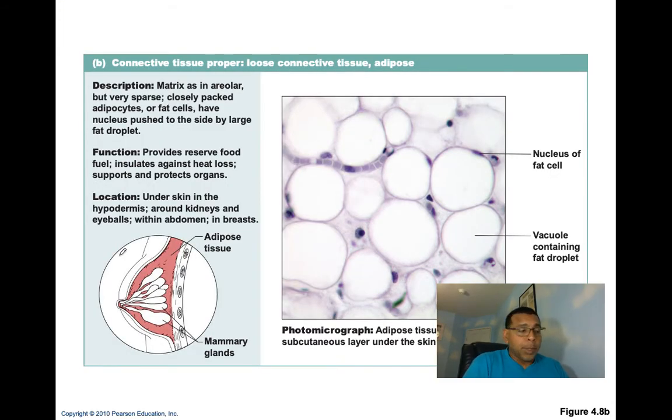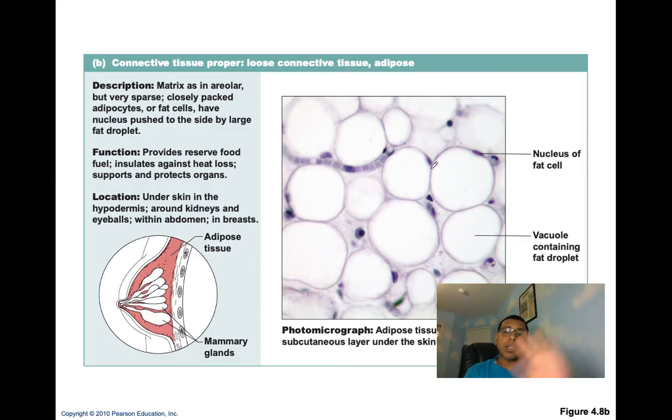Adipose. Now, when we talk adipose tissue, first, let's talk description. The matrix here is similar to areolar. However, it's much more sparse. These cells are going to be closely packed. You can see they're closely packed cells. And we describe the nuclei to be pushed to the periphery.